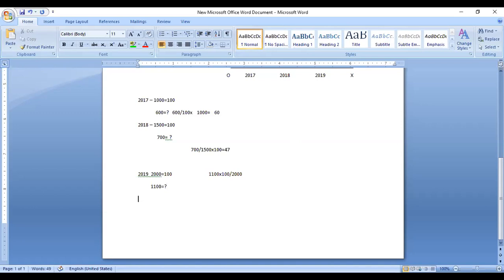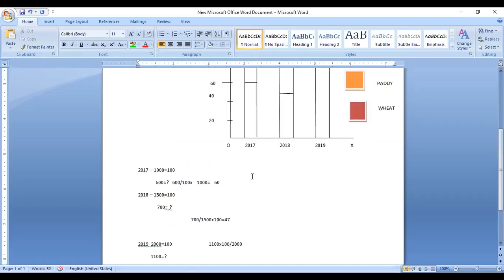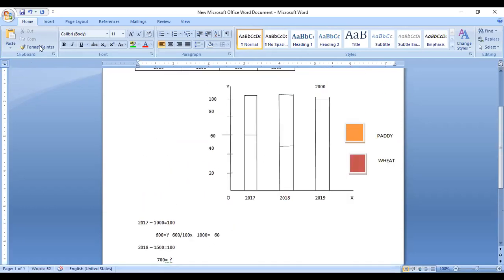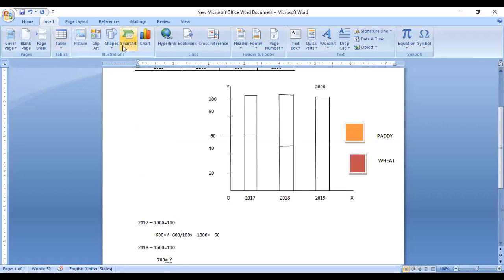So paddy is equal to 55. In the year 2019, up to 55 we have to draw the division for paddy.